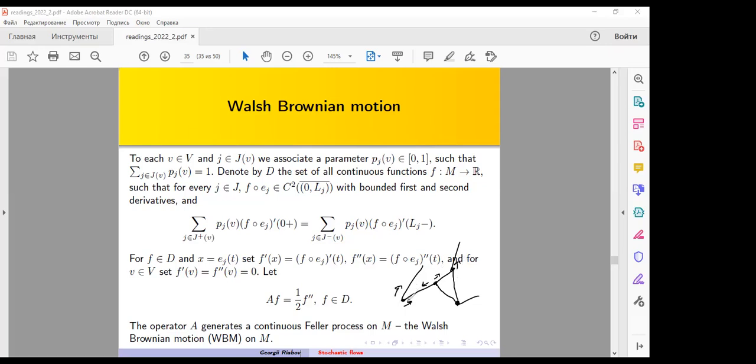On each edge, it moves like a Brownian motion, and at each vertex, it randomly chooses the direction of motion according to associated probabilities.